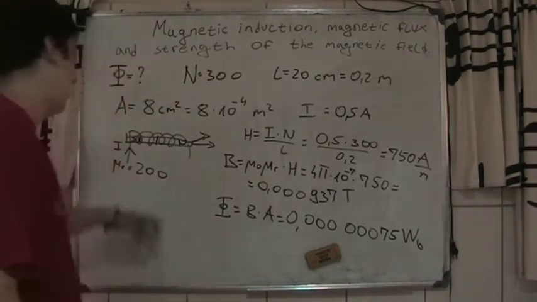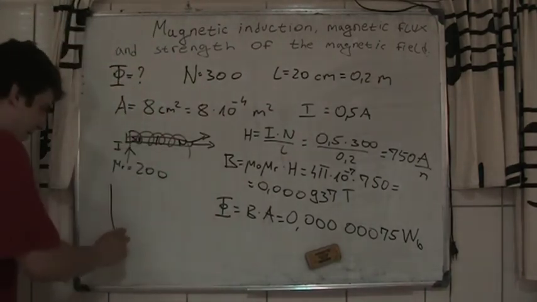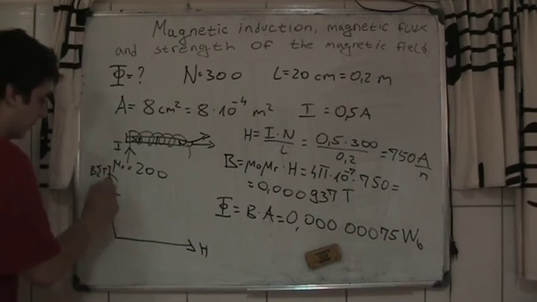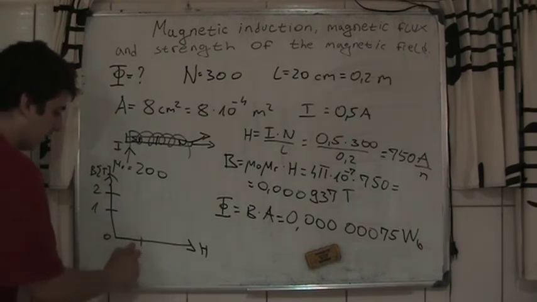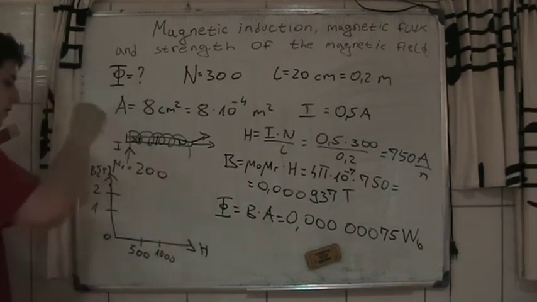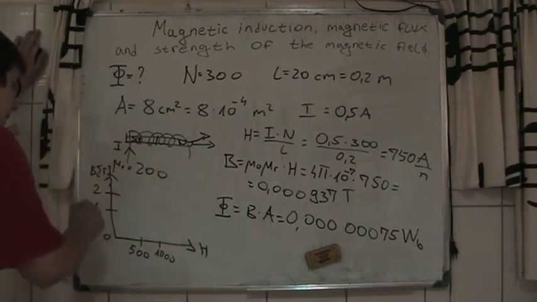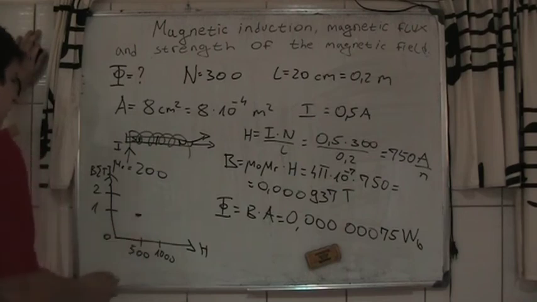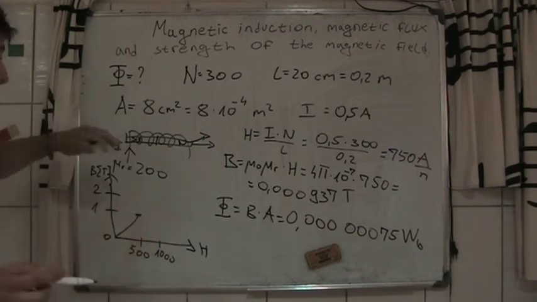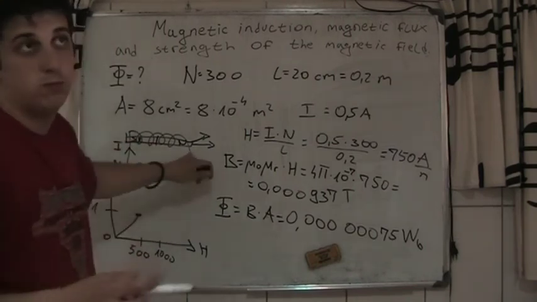For example, here if you put on an iron, this is the H scale and this is the B scale. The B is measured in Teslas, and you have 2, 1, 0, and here you have 500,000, and so on. For example, when you have 500 amperes per meter, you can have, I don't know, 1 Tesla. We are now talking about some magnetic material.